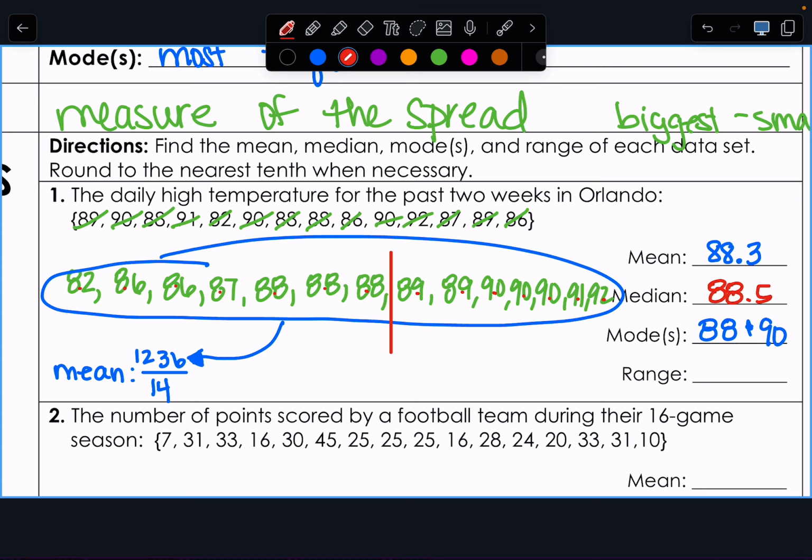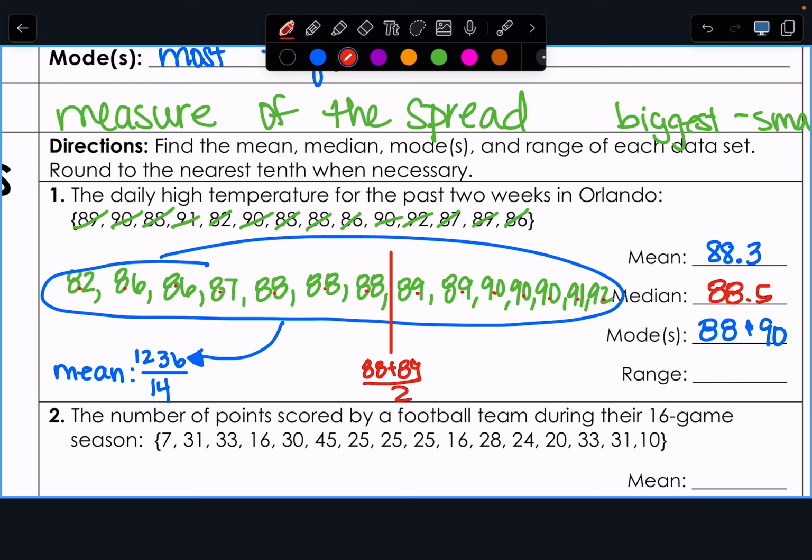So if my middle is in between two numbers, I need to calculate the average of the two numbers. If you have an even amount of numbers, that is going to happen. If you have an odd amount of numbers, what's going to happen? You're going to have a middle number to just pick out.